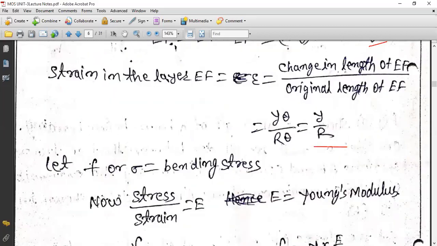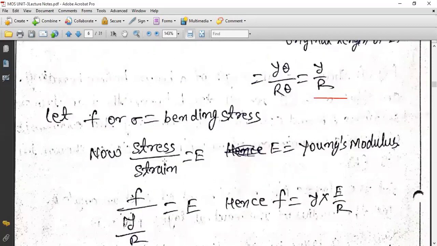Next, we go to F or sigma. In some books the stress is denoted by F, and in some books it is denoted by sigma. I am using both for you so that you don't get confused. So let F or sigma be the bending stress. What is Young's modulus? Young's modulus E is equal to stress upon strain.